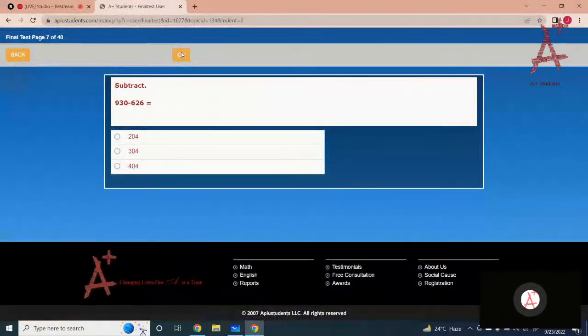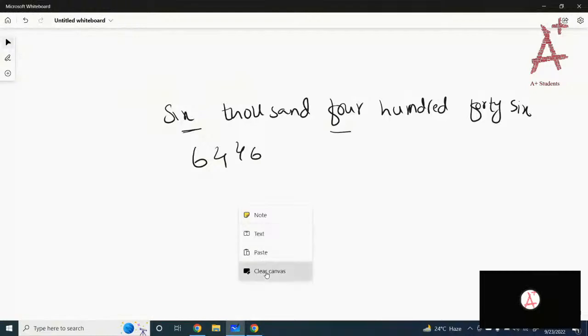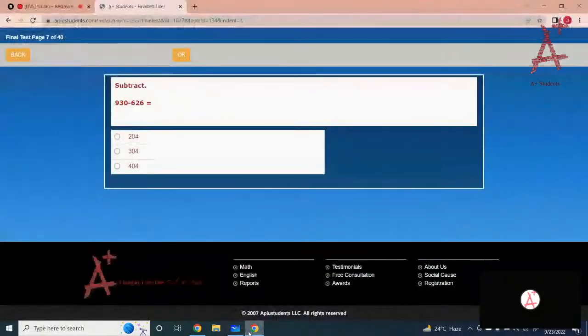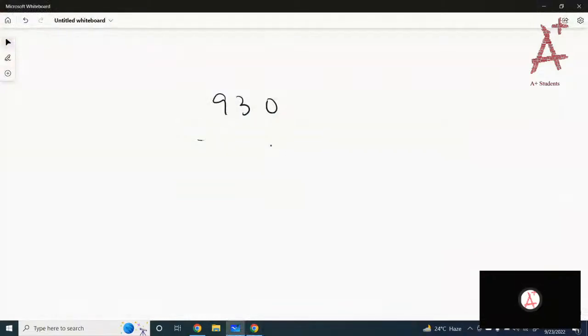The next one is, subtract 930 minus 626. So subtract the digits that are at the ones position. Can we subtract 6 out of 0?